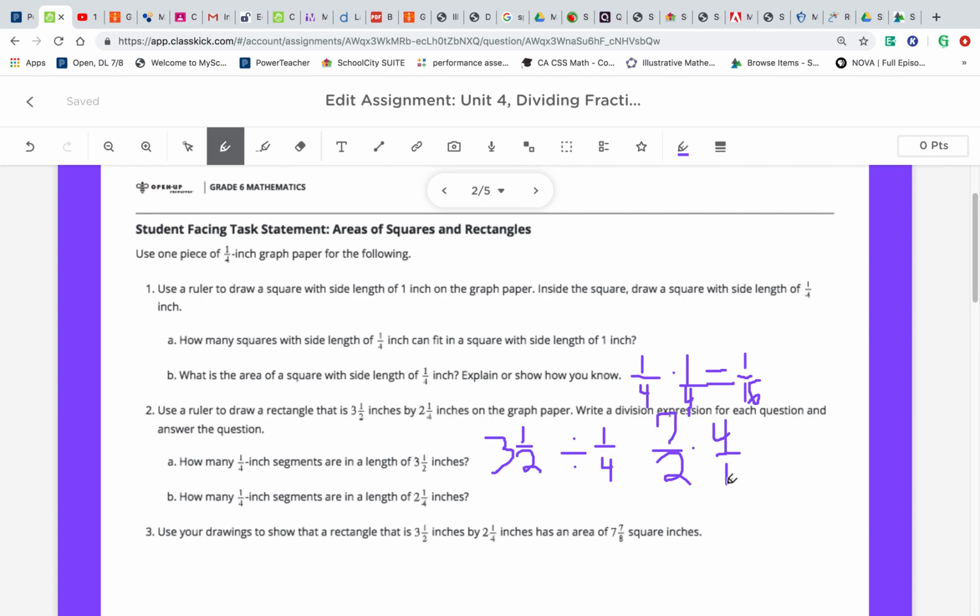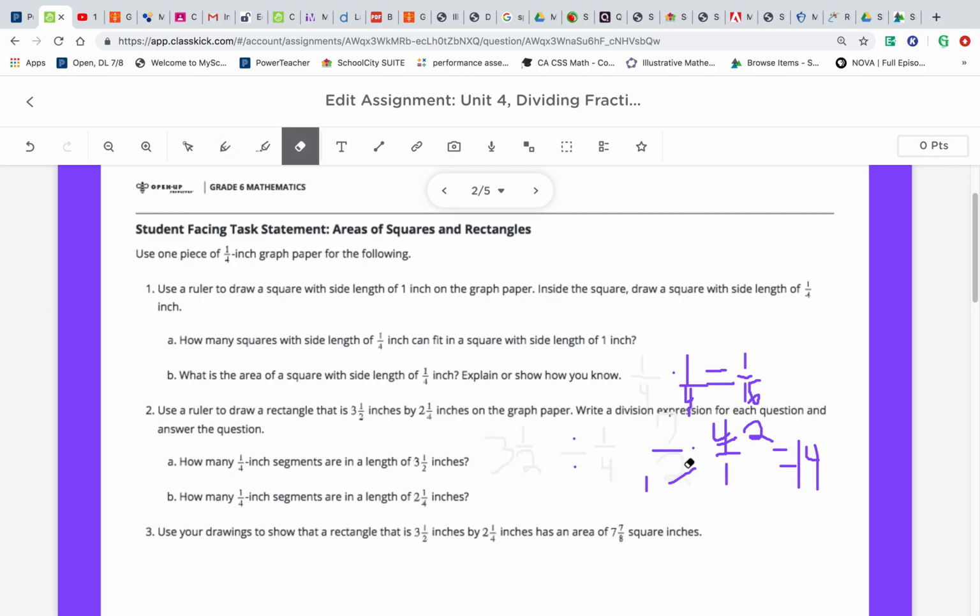And then I can see here through cross canceling, this is 4/2, which really means that this is 2 and 1 here. So 7 times 2 equals 14, and then 1 times 1 is 1. I don't need to put 14/1 because 14 tells us how many segments there are. All right, so let's take a look at the next one.